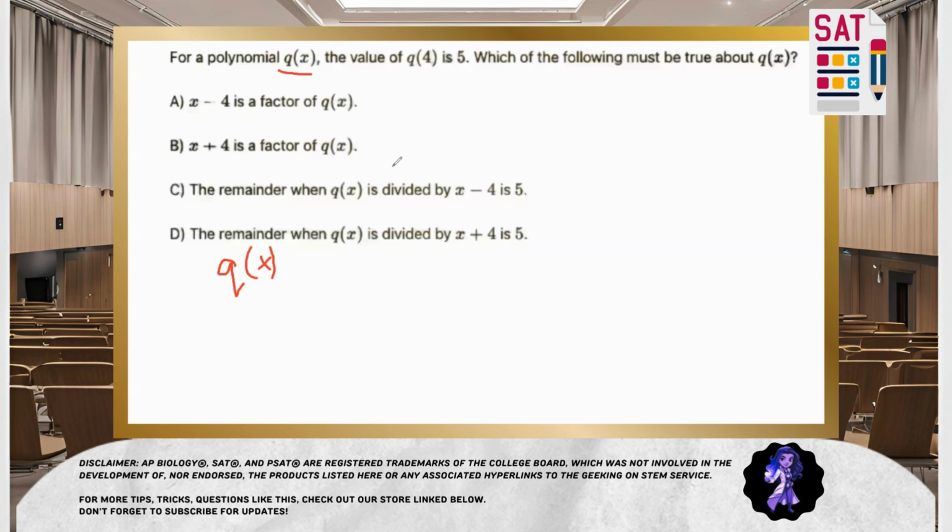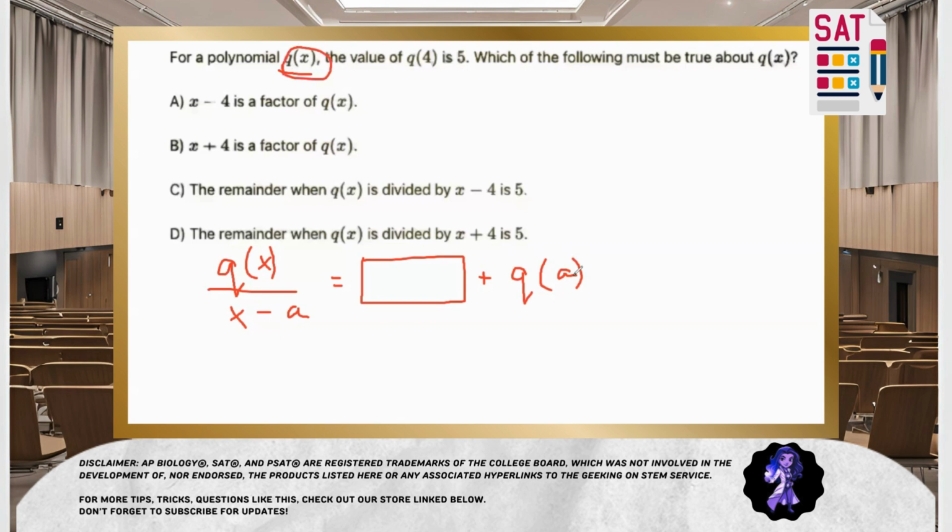If it was f of X, I'd say f of X. Whatever your polynomial is, divided by X minus A equals some value plus a remainder. And the remainder we call Q of A, or if it was a polynomial that's f of X, this would be f of A.